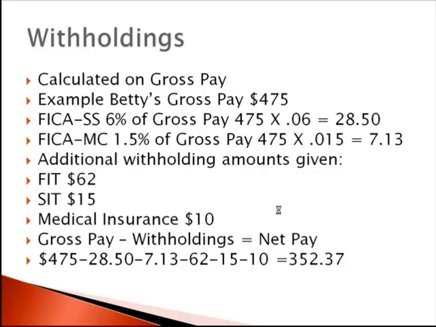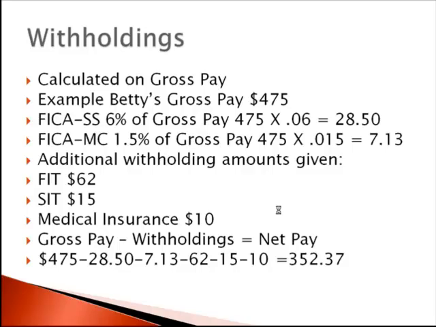And those numbers are $475 minus $28.50, which we calculated previously, minus $7.13, which we calculated previously, minus $62, which was given to us, minus $15, which was given to us, minus $10, which was given to us, and we get net pay for Betty for this particular paycheck to be $352.37.